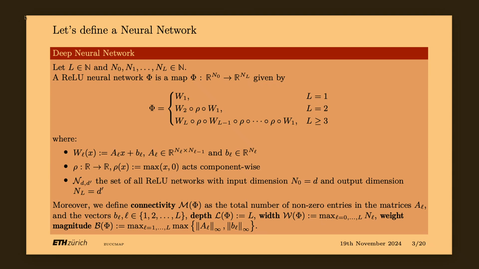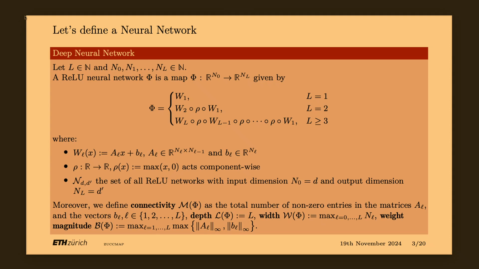Now, there are also a couple of important properties of certain deep neural networks to which we are going to refer a lot during the talk. So let's just define them. Let's define the connectivity as the number of non-zero weights of all the matrices and of the vectors that define the affine transformation.